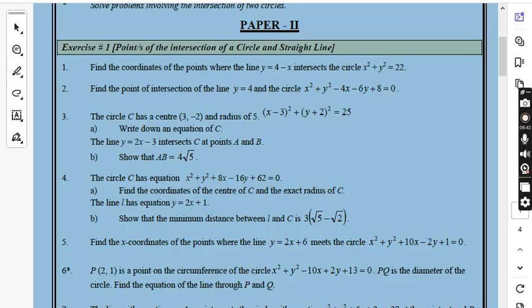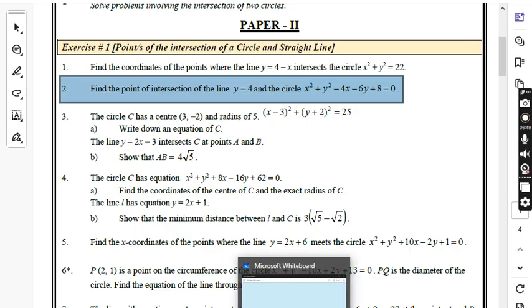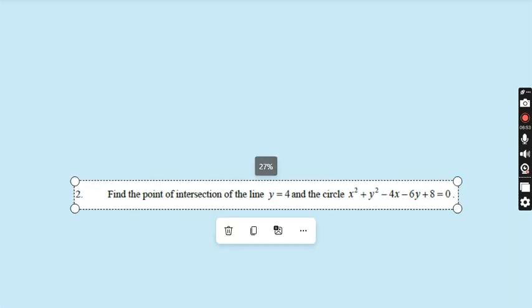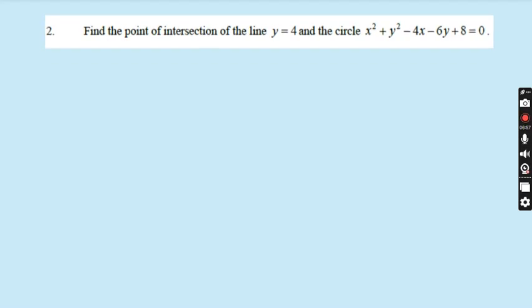Move to question number 2. Again, almost the same question.